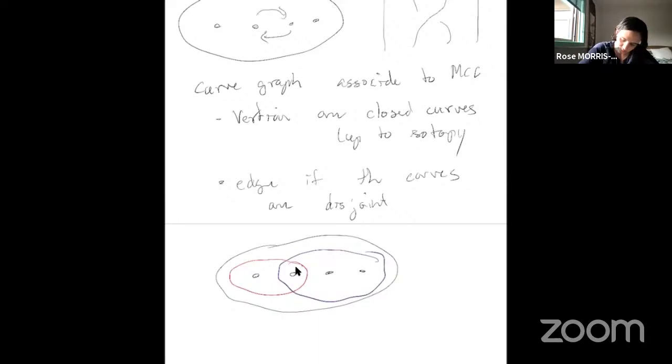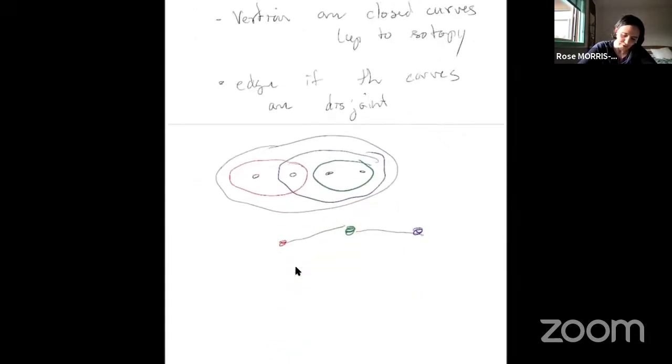But the purple one will be adjacent to this one because those two are disjoint from each other. So my curve graph will look something like this: green is adjacent to purple and adjacent to red. This is a very, very small subset of my curve graph. So this is your crash course in this.